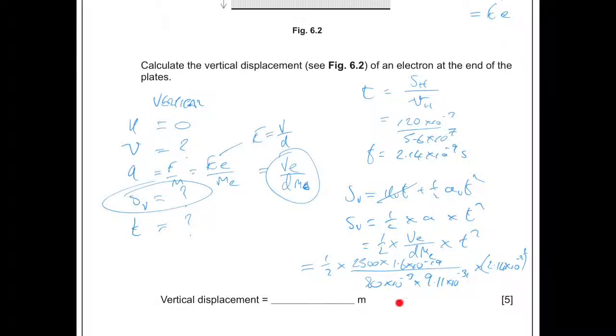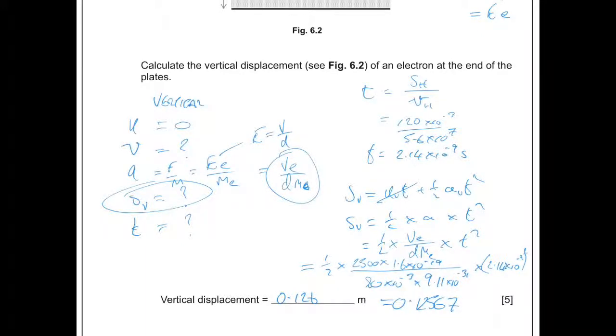And I'm getting a value for that of 0.12567 of a meter, so I'm going to call that 0.126 of a meter.